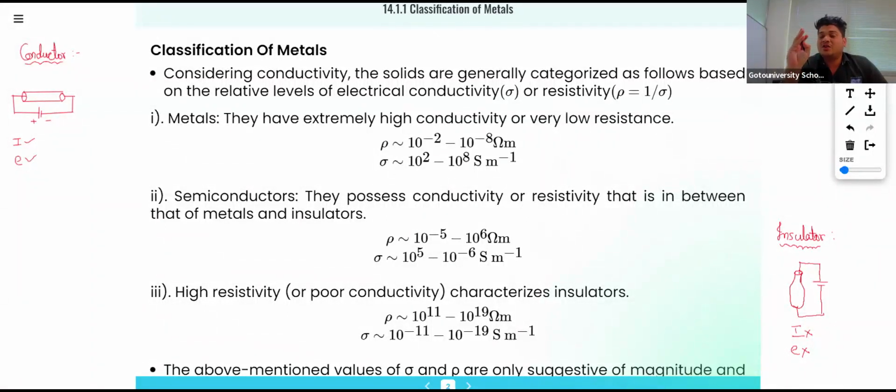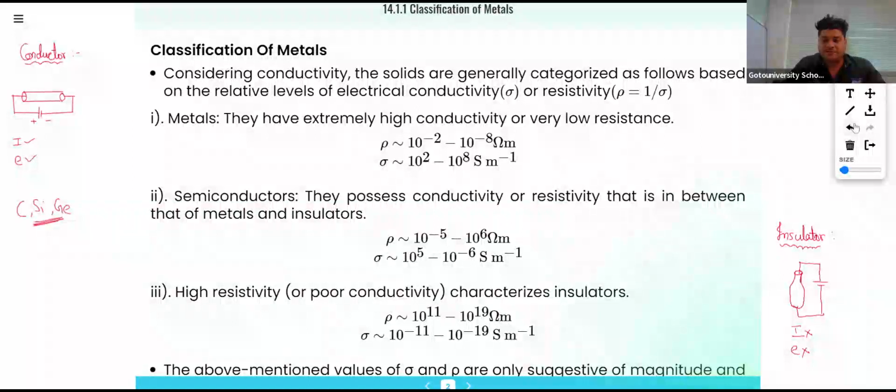We can use silicon, we can use germanium, and group 14 elements can be remembered as "Kahe Shivji Suno Parvati": carbon, silicon, germanium. These two will be mostly used.